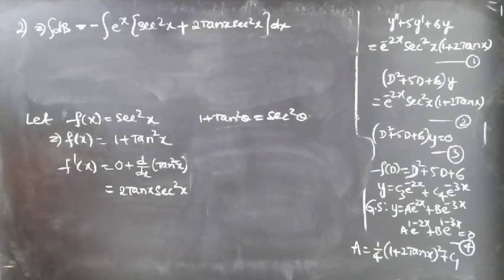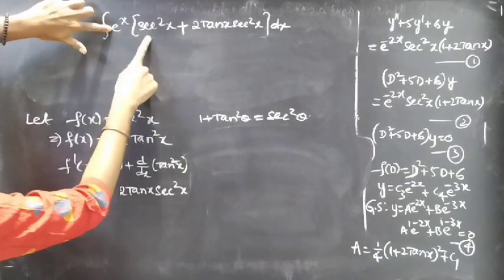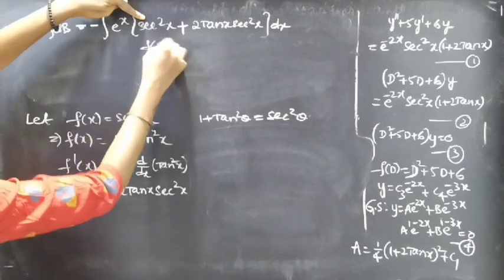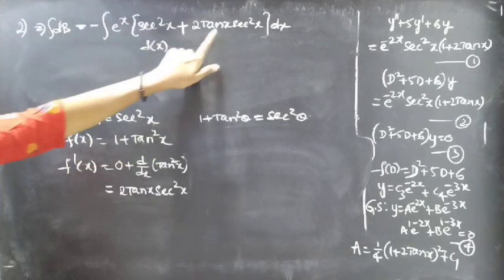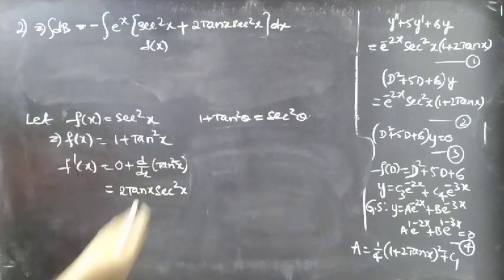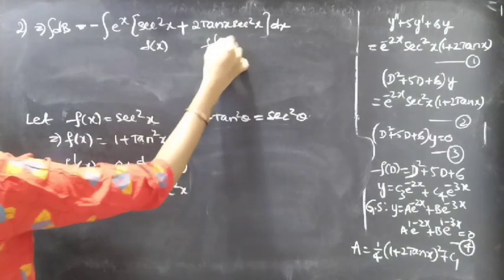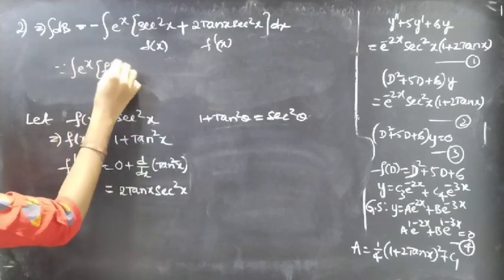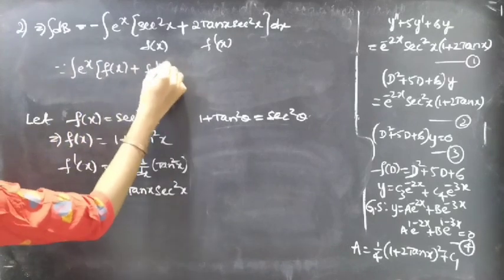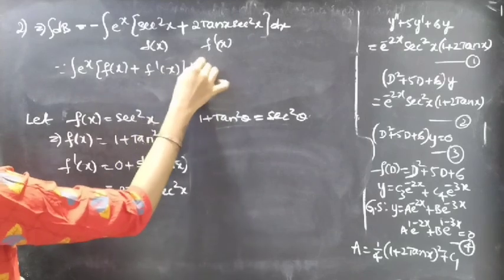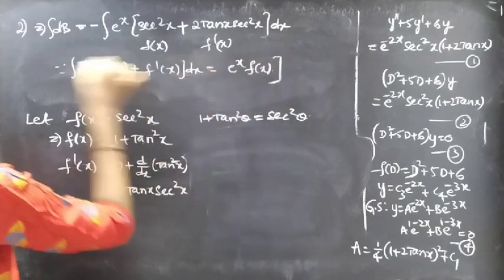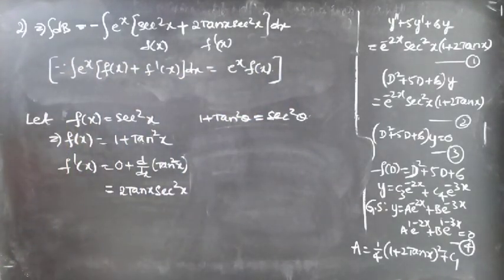Now coming to the integrand of RHS, we have e power x of secant square x, which is our f of x, plus 2 tan x secant square x, which is our f dash of x. Since we know that integral e power x of f of x plus f dash of x into dx equals e power x f of x, now we are going to apply this formula, right?